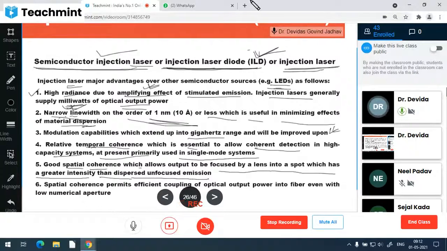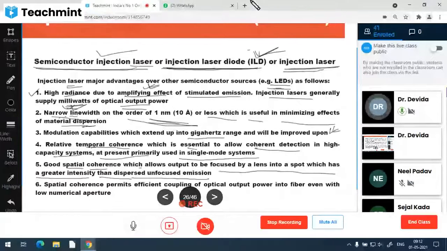So for this spatial coherence the active region is made very thin, a few micrometers, and a pencil beam like optical beam is formed, which makes a very focused beam.